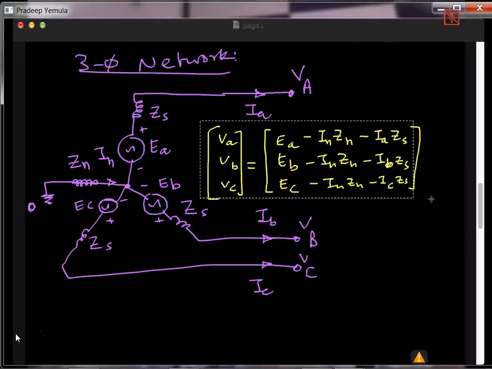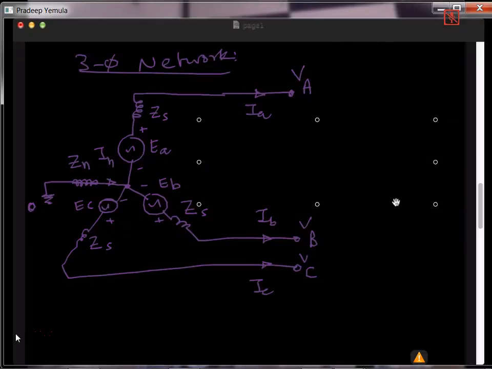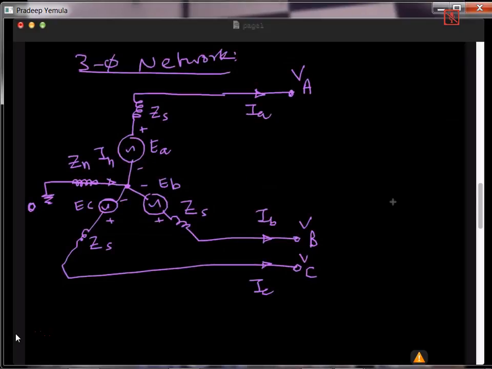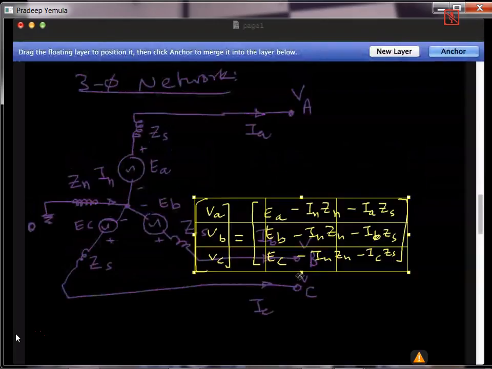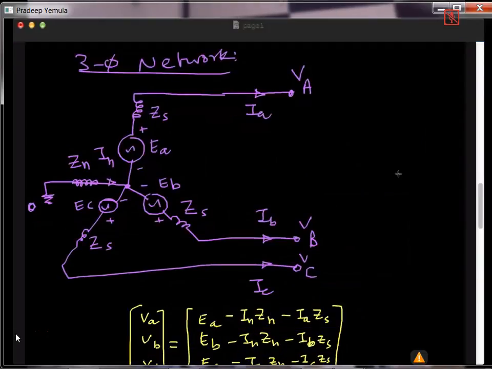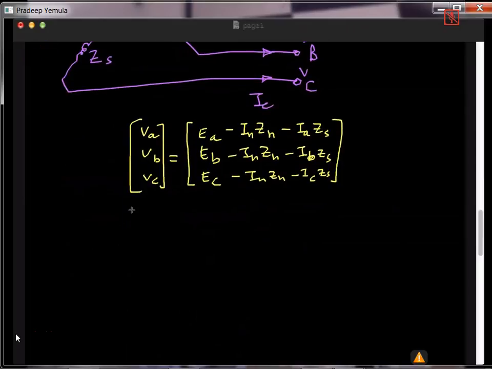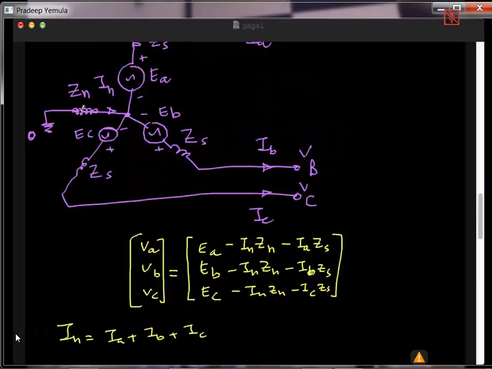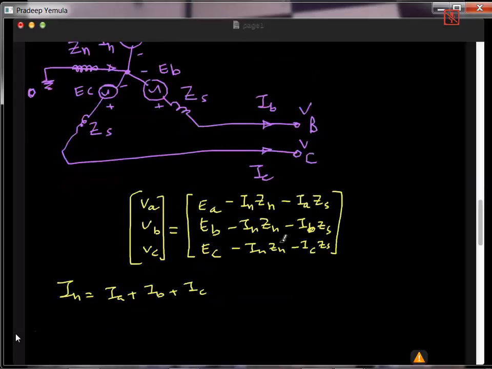Let me move this circuit down. Now we know that IN is nothing but IA plus IB plus IC, because you simply apply Kirchhoff's current law here, incoming current is IN, all the other currents are there.